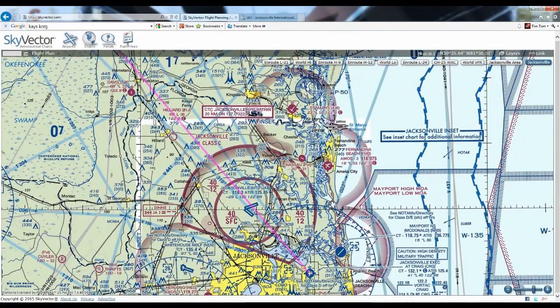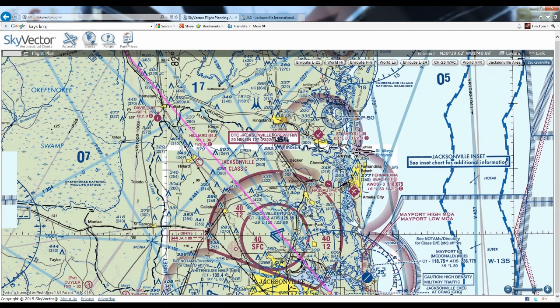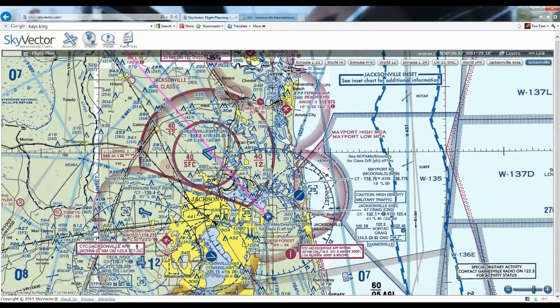So, how do we know who to contact? Well, right here. Contact Jacksonville Approach within 20 nautical miles, 127.0, 322.4. Two frequencies. We only care about the one our radio can tune. 322.4, only the military radios can tune. 127.0 is what our radio can tune. That's the frequency we'd use.